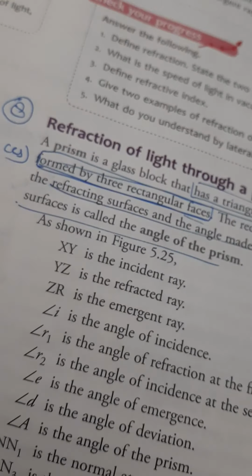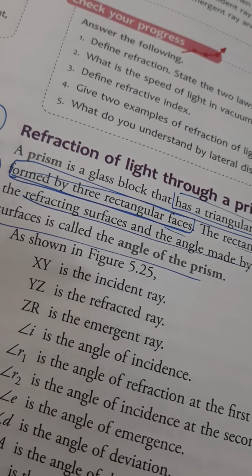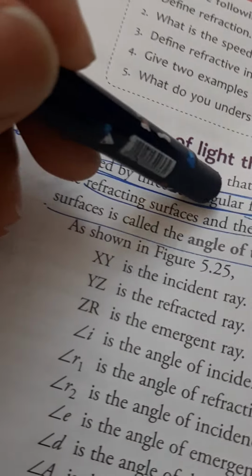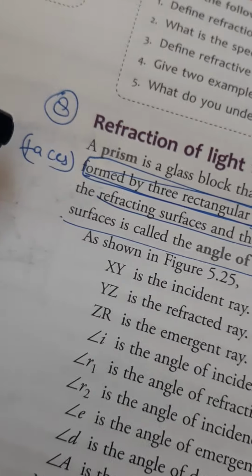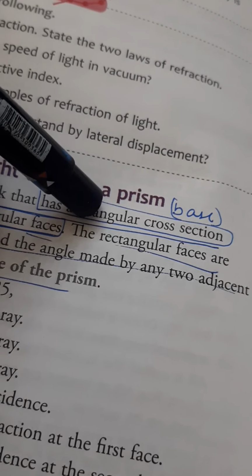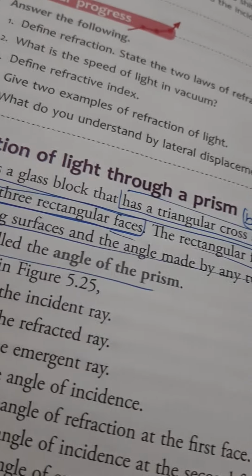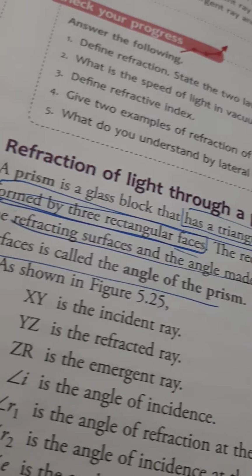It has 5 faces: 2 triangular faces and 3 rectangular faces. These rectangular faces we call faces, and the triangular cross section we call the base of the prism, and the refraction takes place through the rectangular faces.